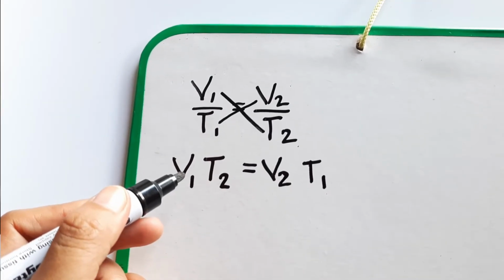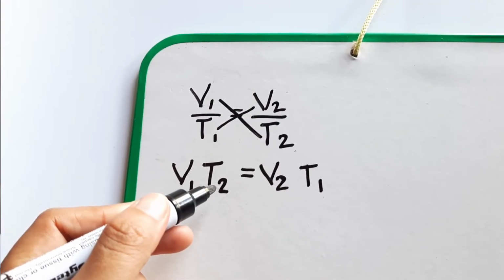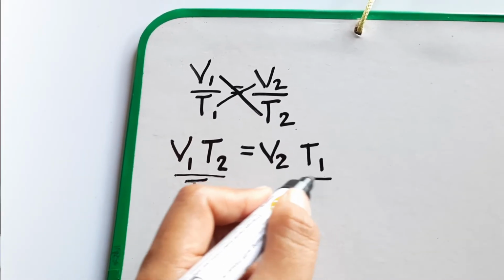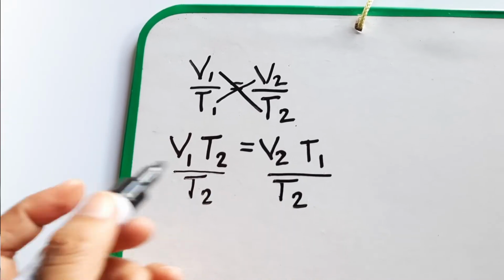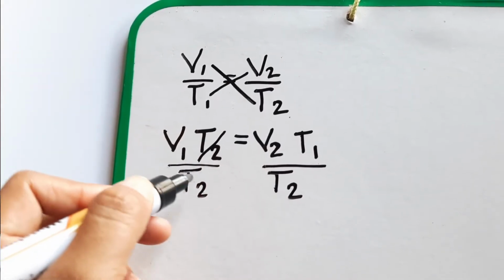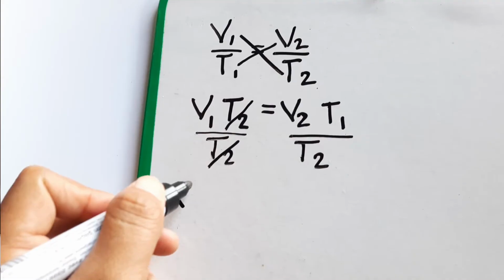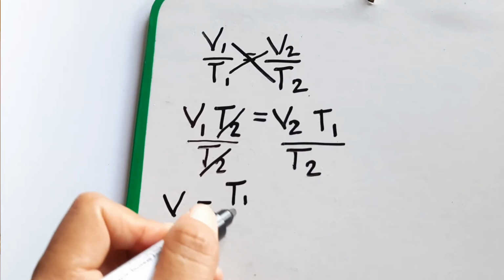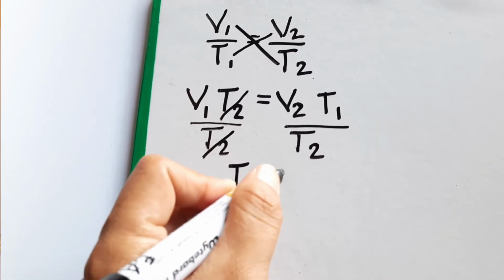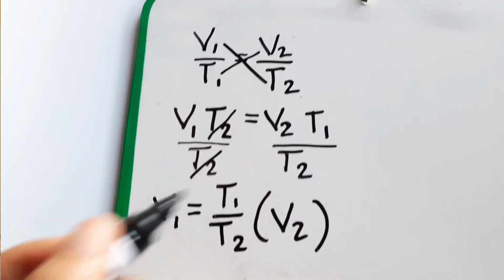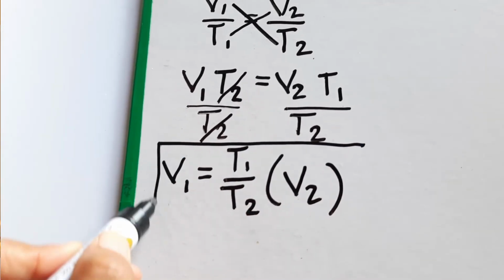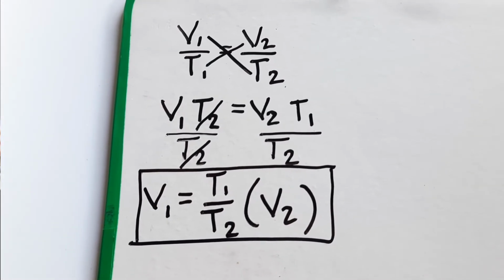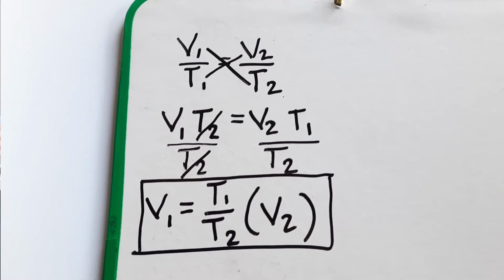Since we are looking for the value of V1, we are going to divide both sides of the equation by T2. Then, we can now cancel out T2 on the left side of the equation. So, this is now the derived equation for V1. V1 is equal to T1 over T2 times V2.